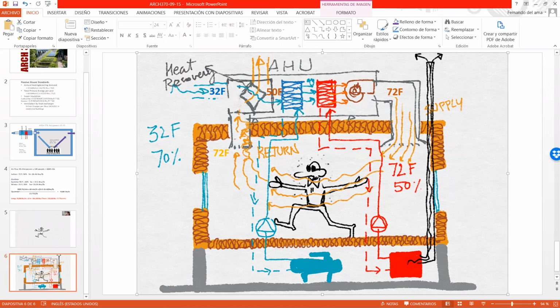Depending on the efficiency of this heat recovery, this temperature would be higher or lower. But the important thing is that for this heating coil, this is the actual energy we're using with our heater or with our boiler. We are not heating up air from 32 to 72. We are heating up air from 50 to 72. So those are the savings.